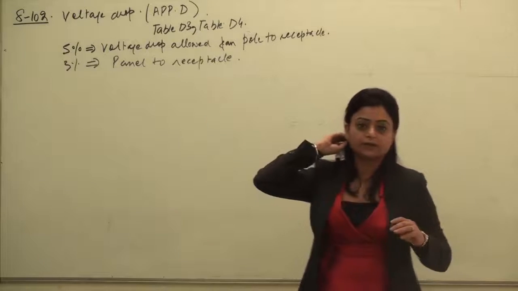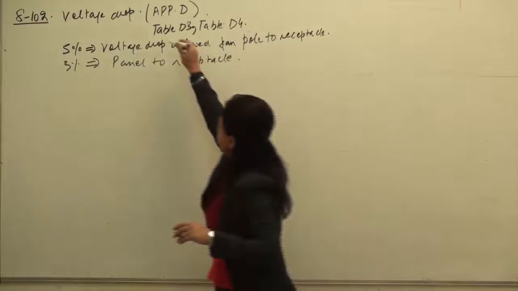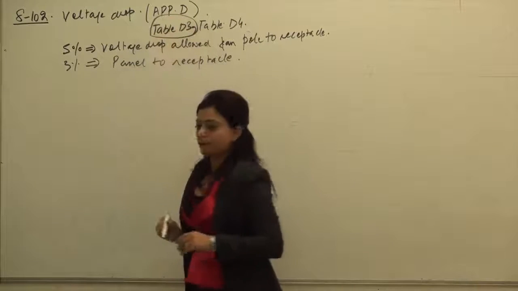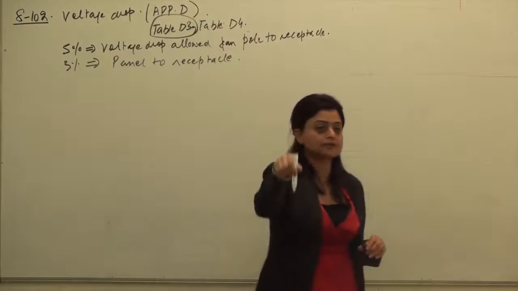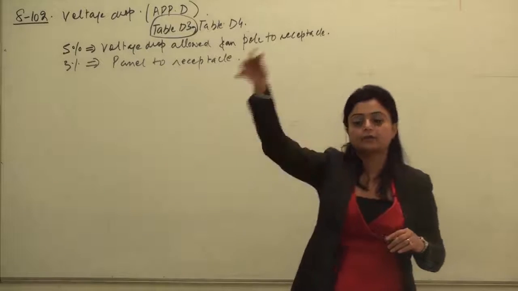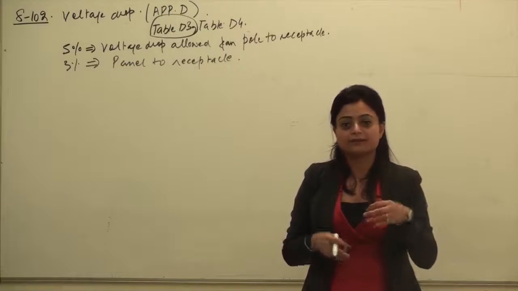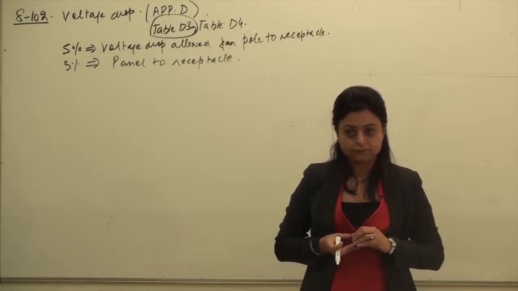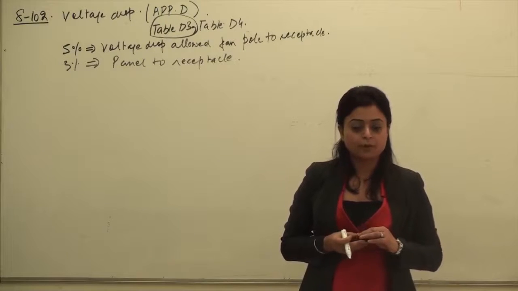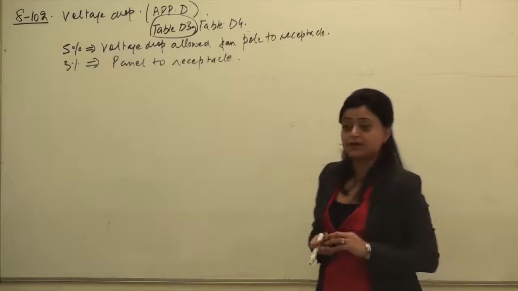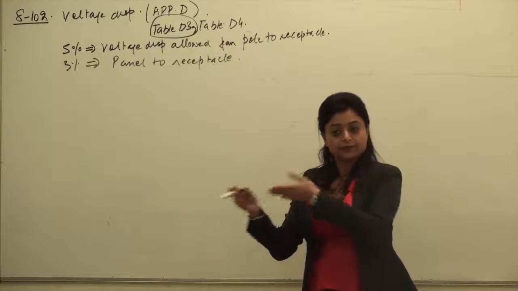What's allowed, what's not allowed is based on the first table called table D3. So I'd like you to put one sticky on section 8 and then go to table D3. As the name says, table D3 means it's in appendix D. So go to appendix D, look for the table with number D3.